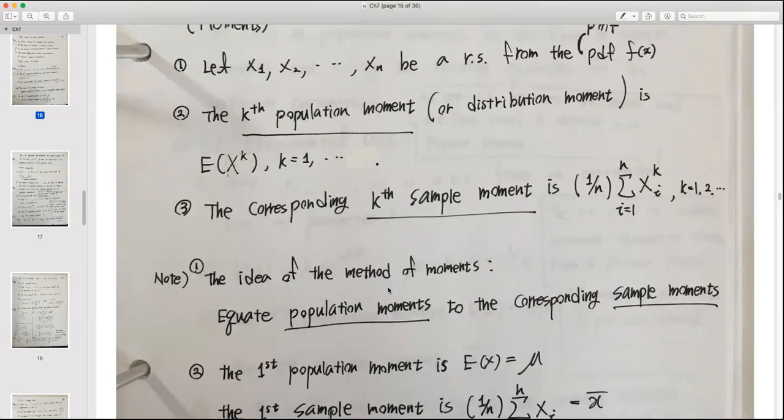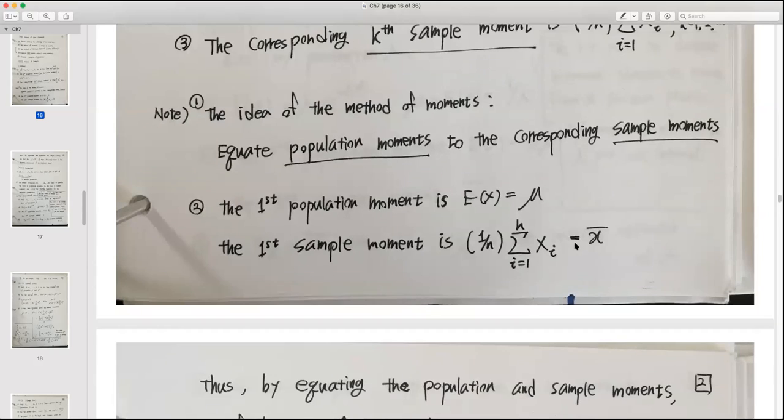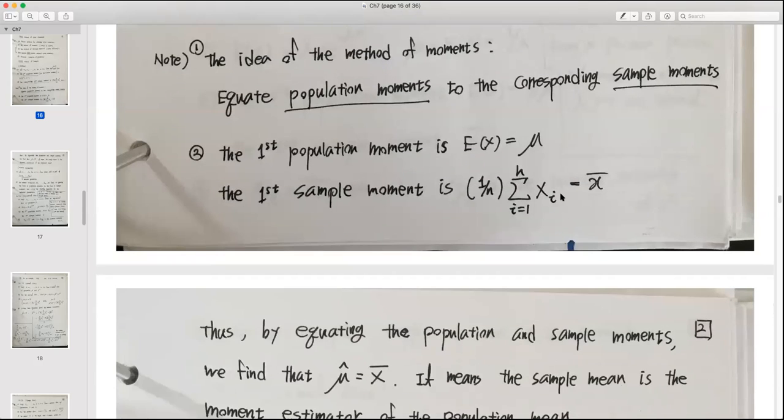The idea of the method of moments is to equate the population moment to the corresponding sample moment. The first population moment is E of x, which is nothing but the population mean. The first sample moment is the sample mean. So we equate mu and x bar, meaning mu equals x bar.